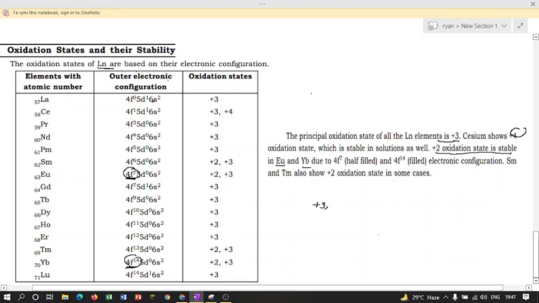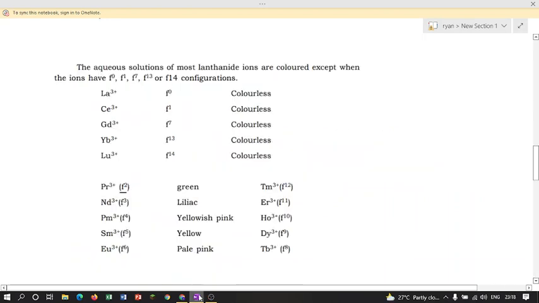Therefore, the stable oxidation state for Eu and Yb is the +2 oxidation state. Sm and Tm also show the +2 oxidation state in some cases. Sm, samarium. So let's talk about the next point.